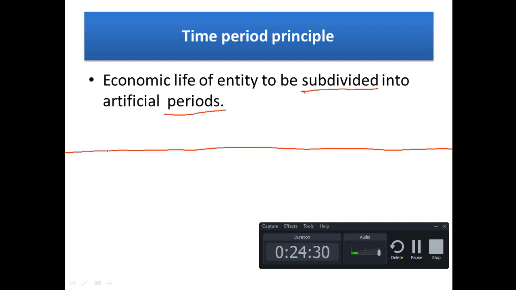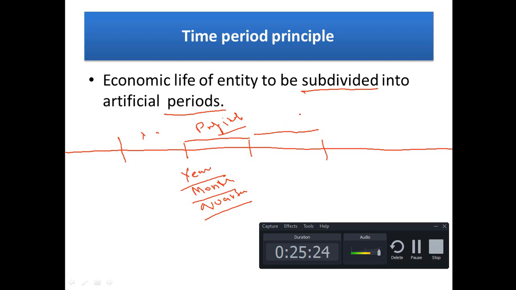You must break the accounting period into small artificial periods. It could be a year, a month, or a quarter. They will break the life into periods, and then for each period they will analyze the profitability by summarizing and analyzing all the business transactions for that period.